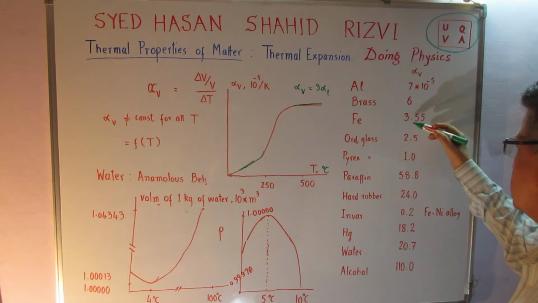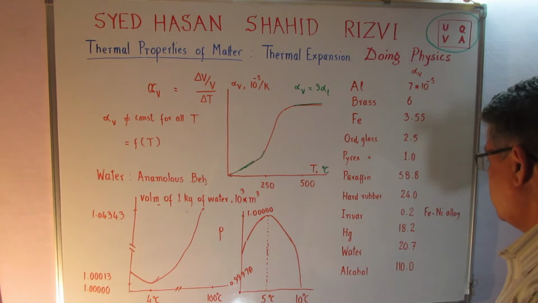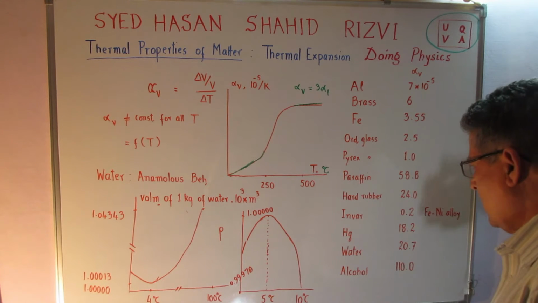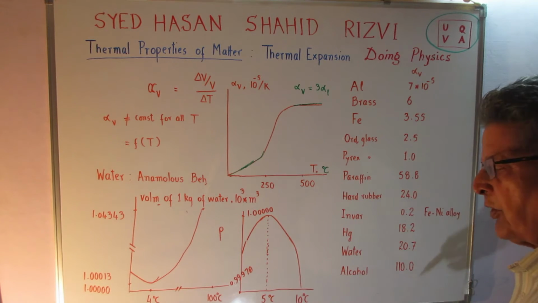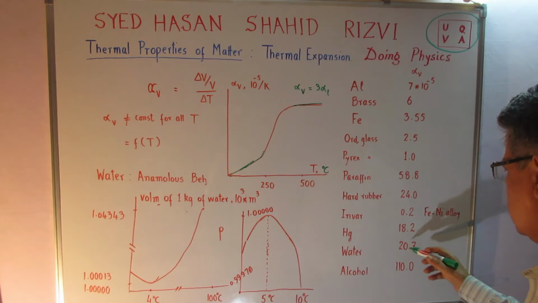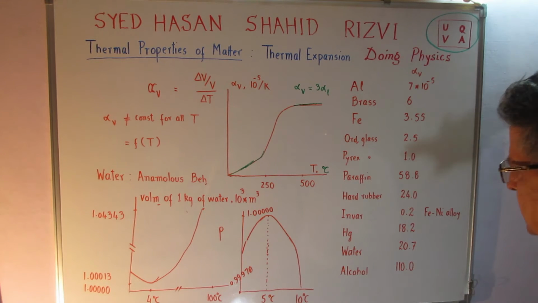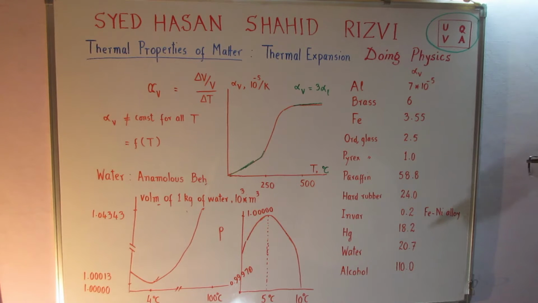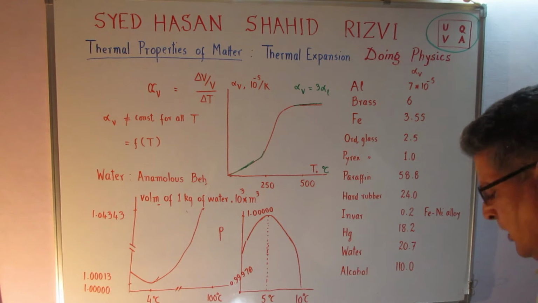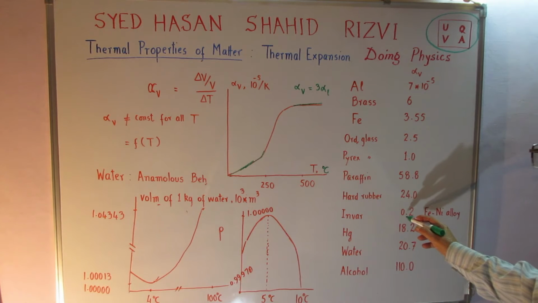Aluminium is 7, brass is 6, iron is 3.55, ordinary glass is 2.5, Pyrex glass is 1.0, paraffin, which is an organic substance, 58.8, hard rubber 24.0, alcohol maximum 110.0, water 20.7, mercury 18.2, and the minimum value that we obtain in volume expansion, where there is almost no expansion per degree rise in temperature, is in the case of invar, which is a special alloy of iron and nickel, with a value of 0.2.